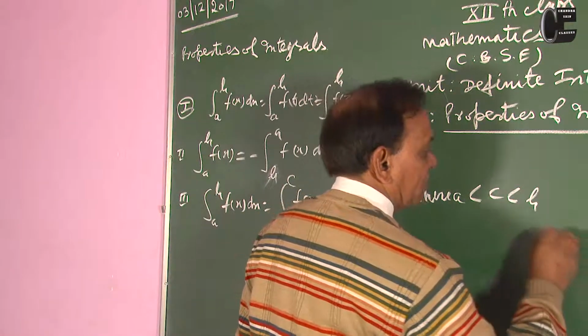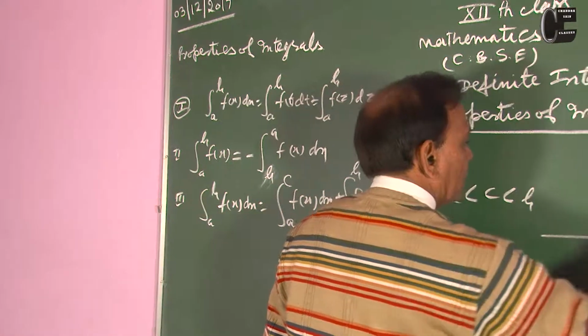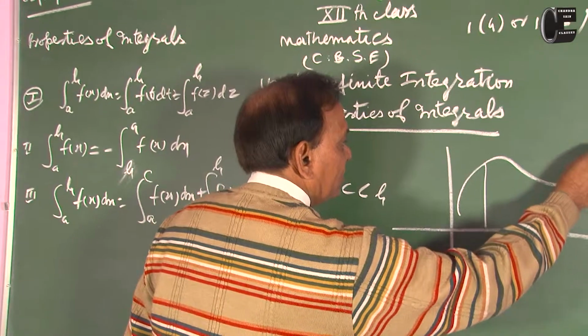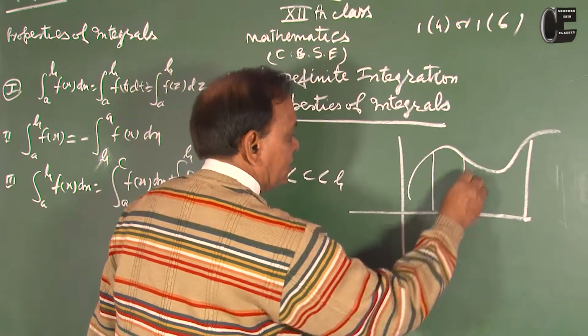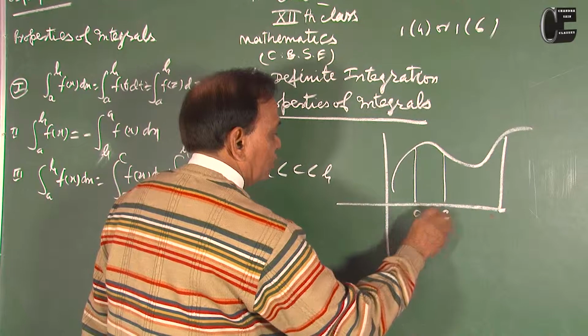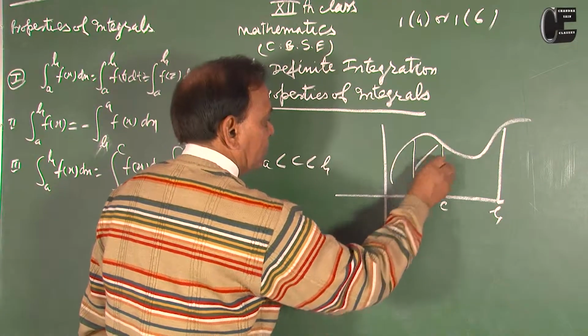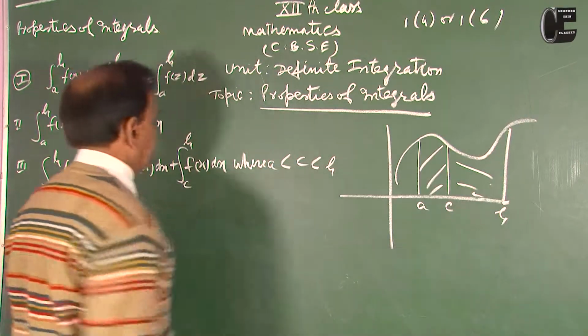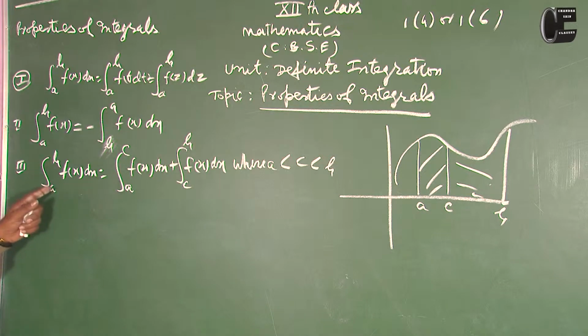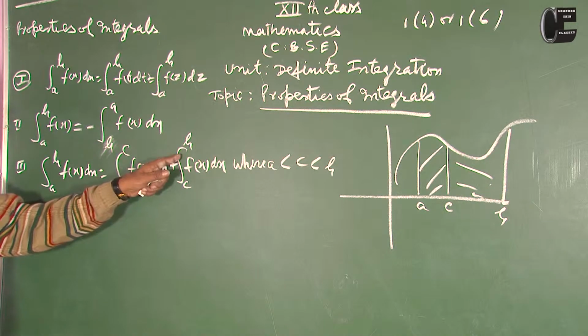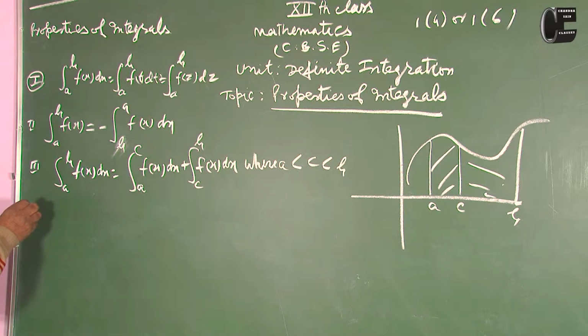Let us say this example. This is a, this is b, and c is a point. A to c and c to b, this area plus this area. We can split the limits a to c, c to b. This plus this.